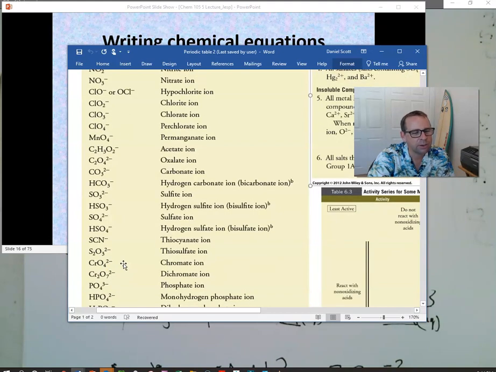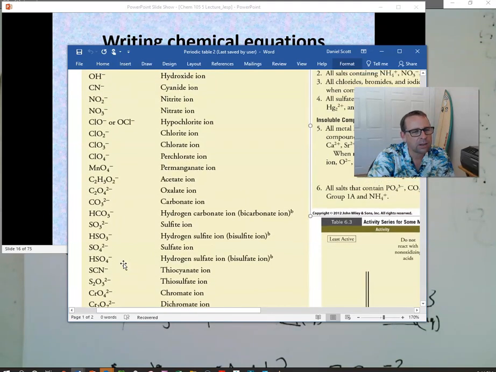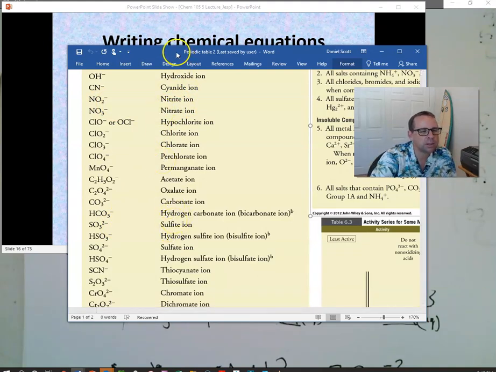That's a very good recognition. Sometimes the 3s end in 4s. Here's a C2O4, that's oxalate. If it ends in 2, like NO2, nitrite, or SO3, sulfite. Very good observation.